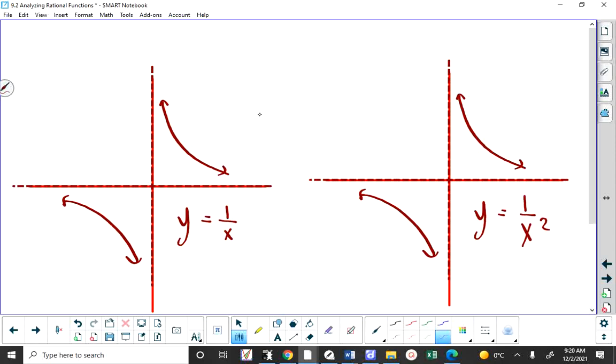But the squared also affects the severity of the curve. Things get steeper and shallower. So the end result is y equals 1 over x squared looks like this, and that might be a gross exaggeration, but you get the idea. It's significantly different shaped than 1 over x.